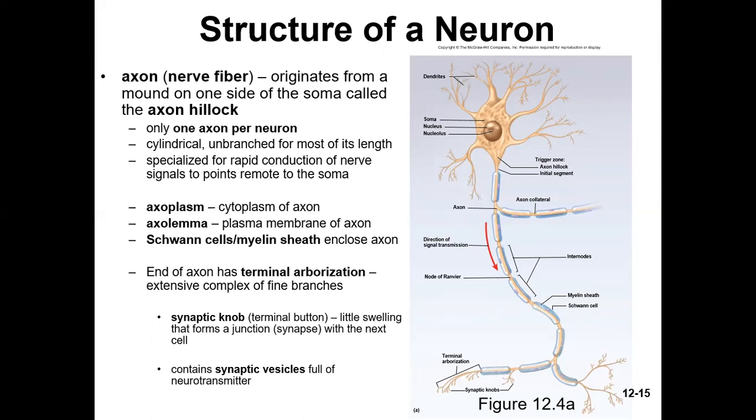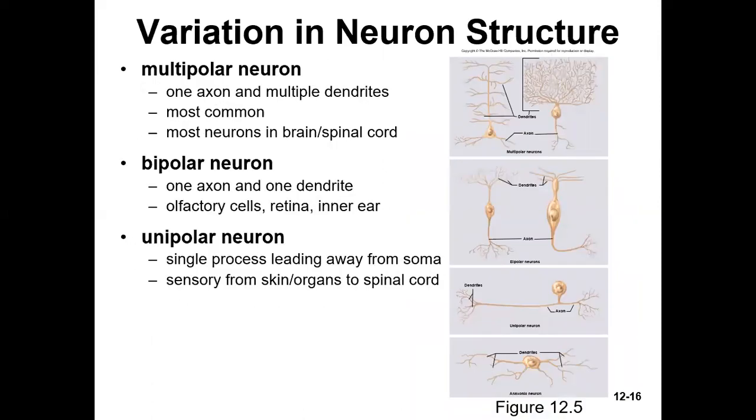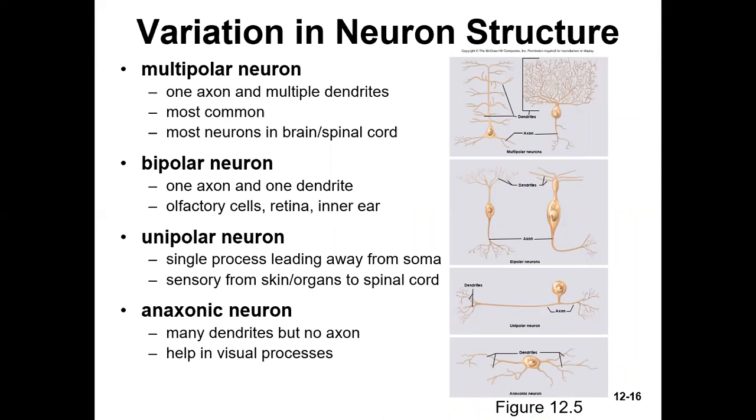When we look at different structures of neurons, we can have a multipolar neuron. We may have one axon with multiple dendrites. This is the most common.